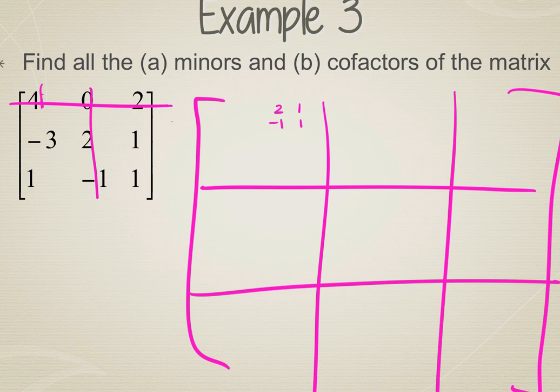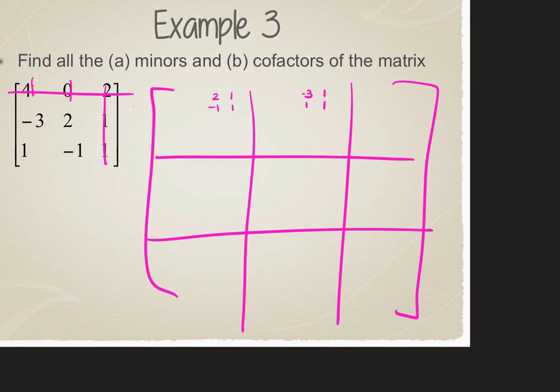All right, now I cross through row 1, column 2, and what's left is -3, 1, 1, and 1. And then I cross through row 1, column 3, and I get -3, 2, 1, -1. With me so far? Now I repeat it for row 2.